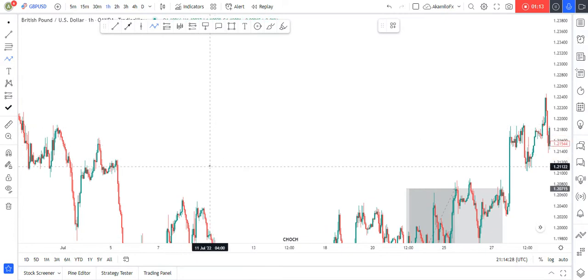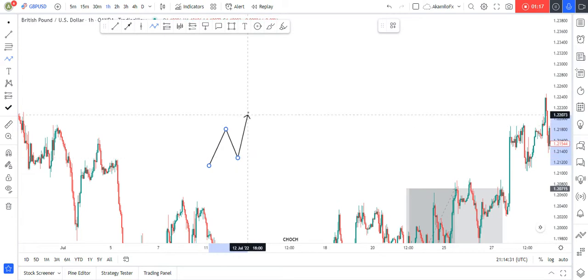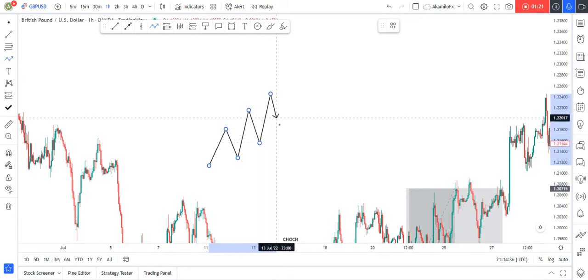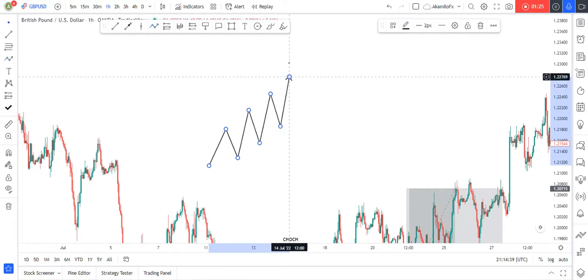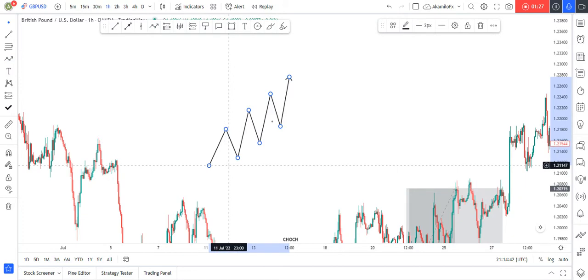In an uptrend, price is giving us higher highs, higher lows, higher high, higher low, higher high, higher low, and higher high. When price is giving us this trend, that means price is in a bullish move.